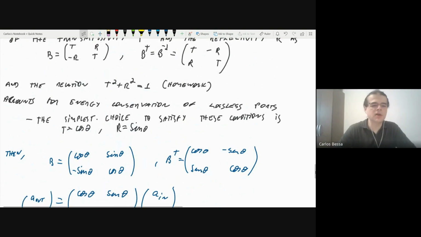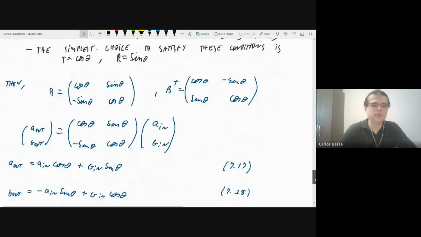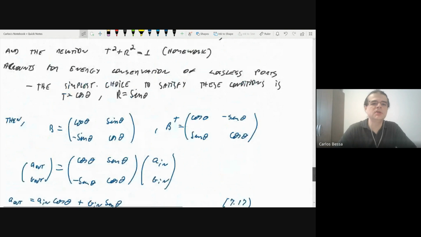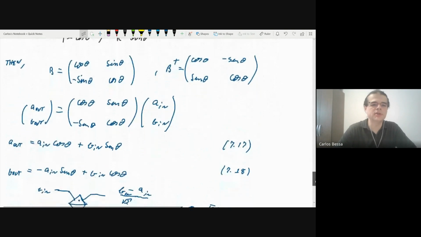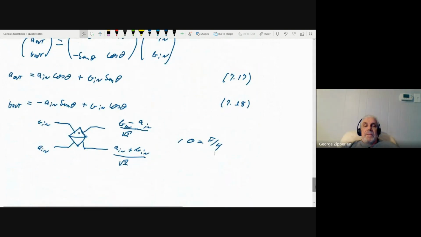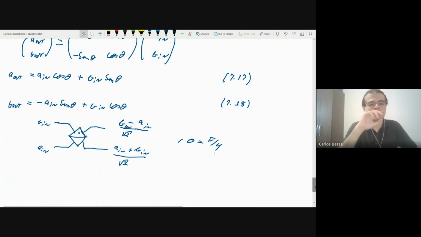This is just a choice. You can find different references with T as sine and R as cosine. The result would be the same as well, just changing here, at least for this specific case. I don't know in general.